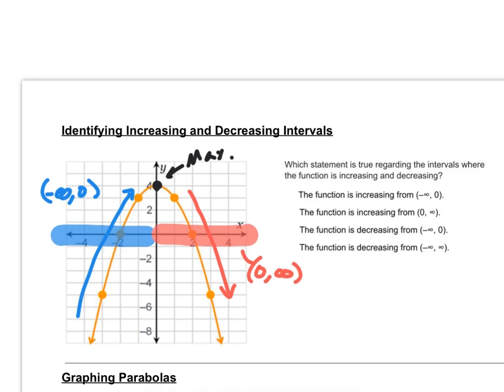It says the function is increasing from negative infinity to 0. That's true. The function is increasing from 0 to infinity, that's false. The function is decreasing from negative infinity to 0, that's false. And we are decreasing the whole time, that's false. So the first one is the only one that's true.